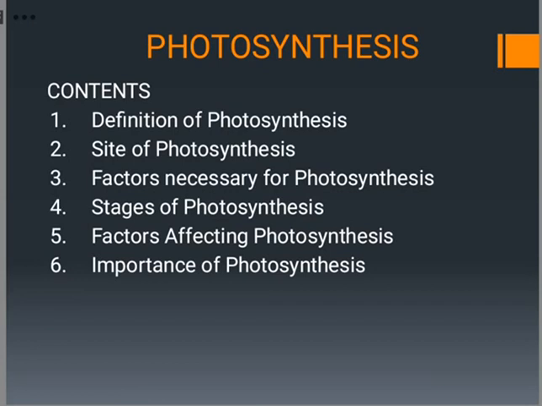Photosynthesis is a major aspect of autotrophic nutrition. And on this topic, we are looking at the definition of photosynthesis. We are looking at the site of photosynthesis. We shall also look at factors necessary for photosynthesis, that is, the conditions that must be fulfilled before photosynthesis can take place.